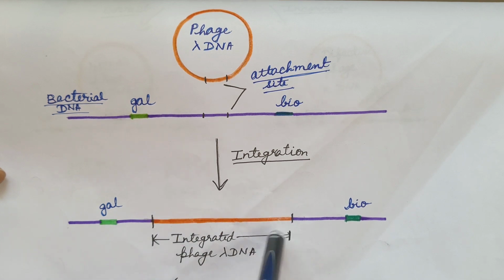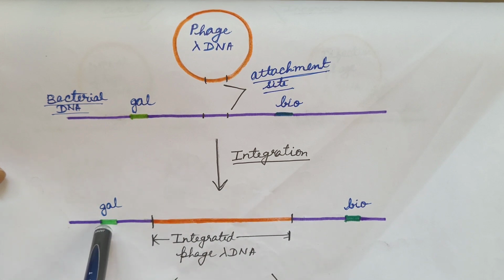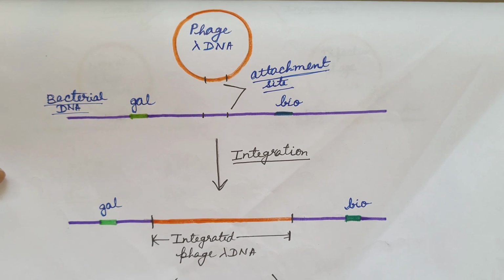This is the integrated phage lambda DNA, and adjacent to this integrated phage lambda DNA are the gal and bio genes of the host bacteria. So it remains integrated for several generations and replicates along with the bacterial DNA.